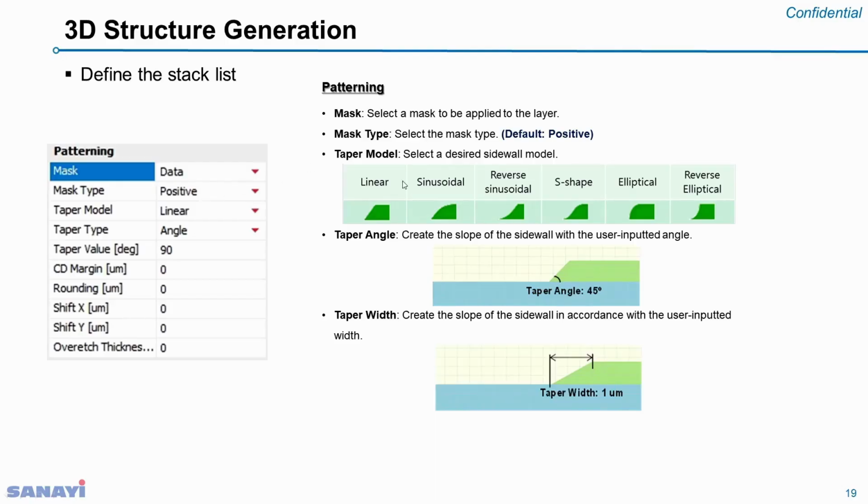Choose the sidewall model among 7 taper models. When a specific taper model is selected, the taper type and taper value are activated. There are 2 types, taper angle and taper width. If you select taper angle, you can input the angle. And if you select taper width, you can enter the width.